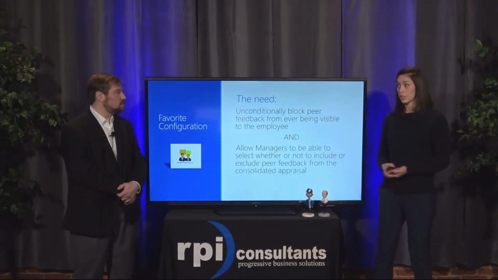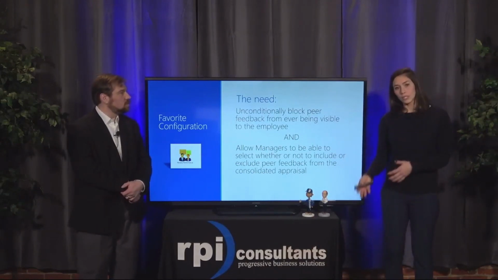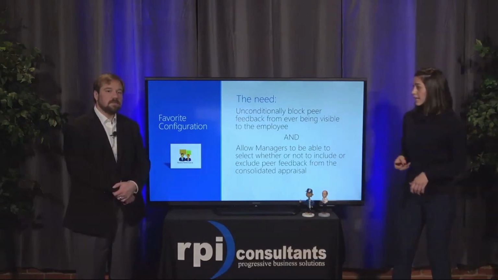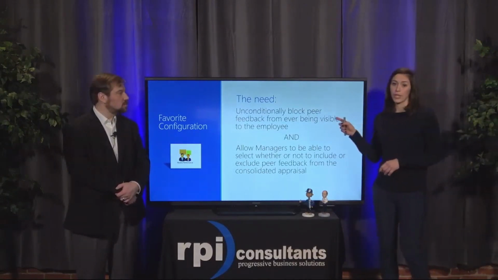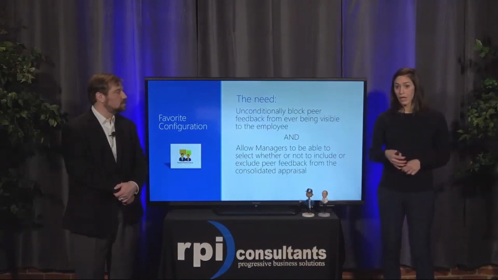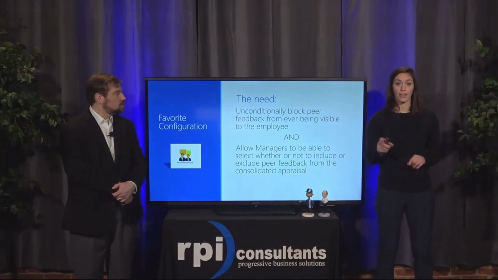So maybe you're the manager and you want to know what other raters are saying about your direct reports, but you maybe don't want the direct reports to see that other rater information. So the client had a need to unconditionally block that peer feedback from the employee. They never wanted the employee to be able to see it, but they also wanted the managers to be able to select whether or not they wanted to see it.